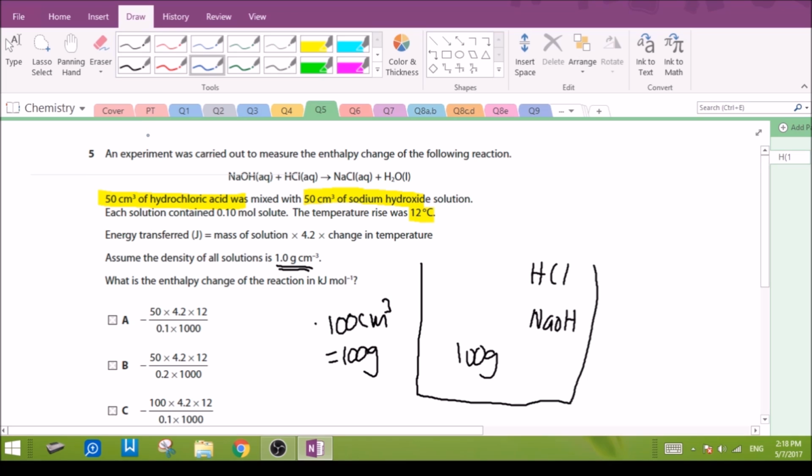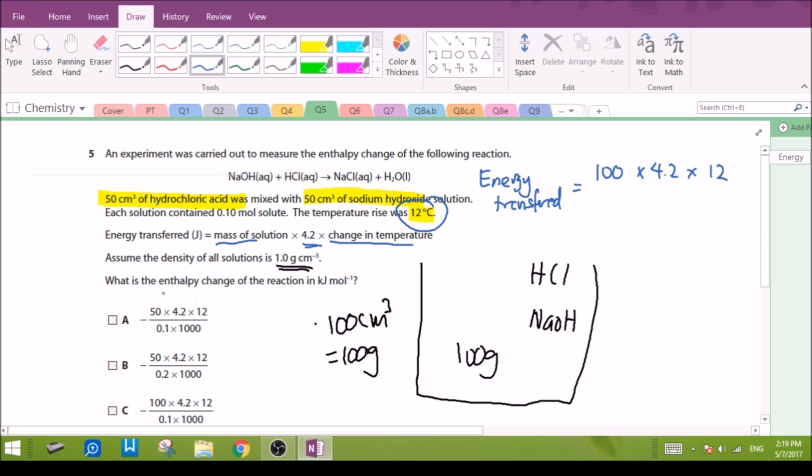So energy transferred, based on this equation, is mass of the solution 100 grams multiplied by the heat capacity given to be 4.2. The change in the temperature is from here, 12 degrees. This is the energy transferred.